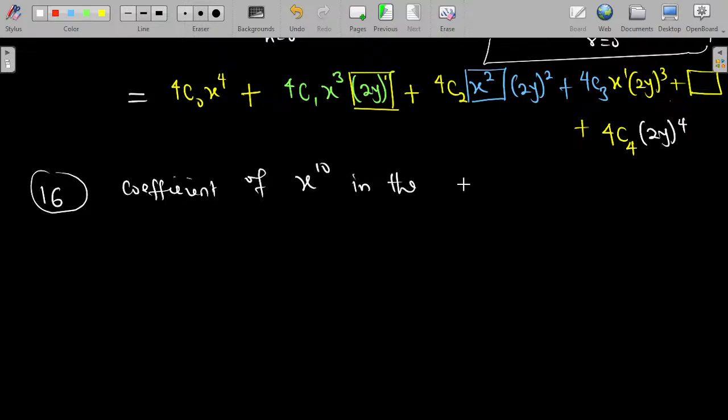So this particular expression, 2x minus 3 raised to the power of 14, was expanded, and we're asked to find the coefficient of x to the power of 10. Okay, and they offered some hints here which I would like to explain to us.